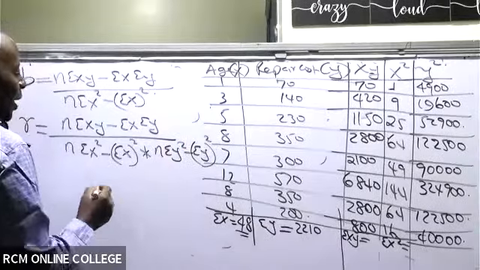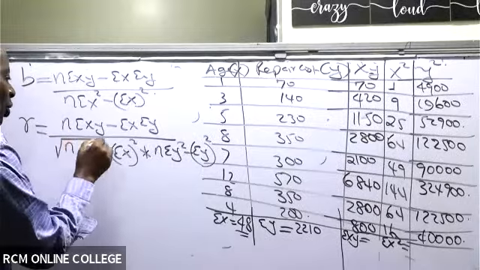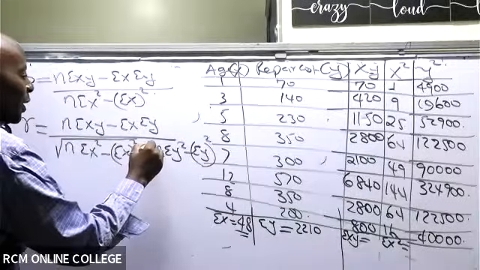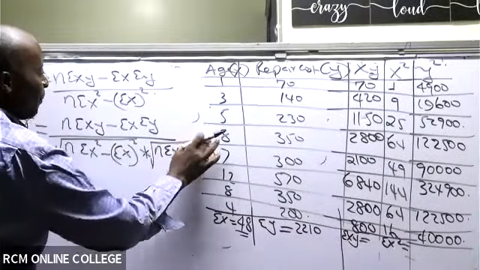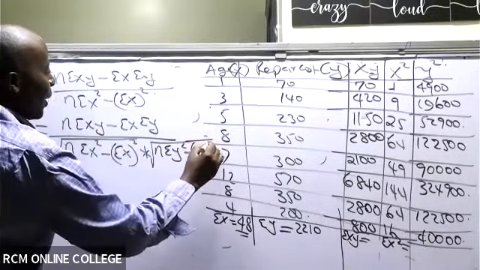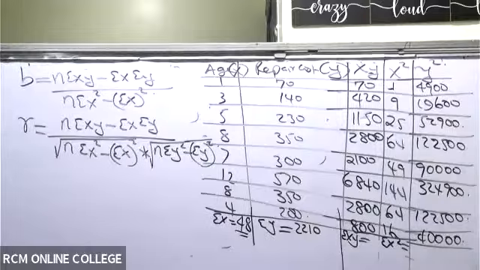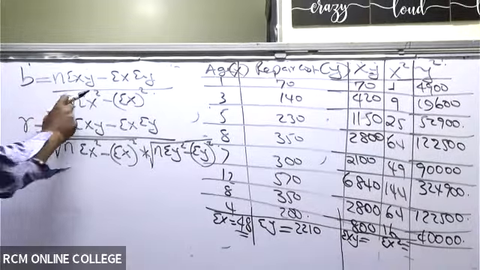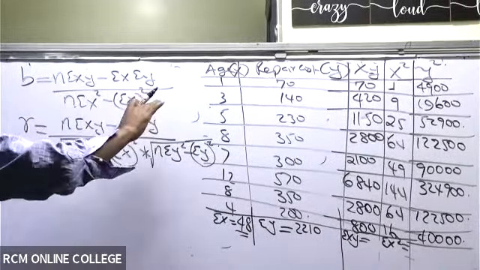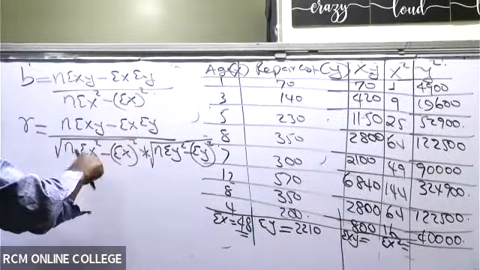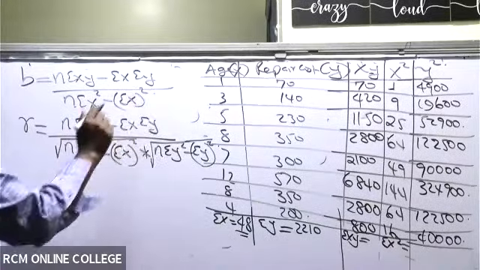And then, of course, you put these under their respective square roots. I prefer putting them under their respective square roots, each one of them under its own square root.